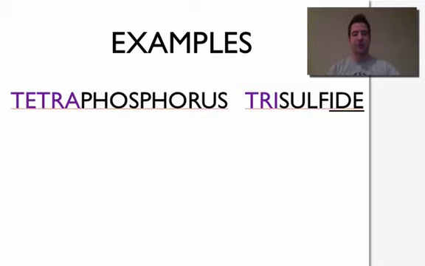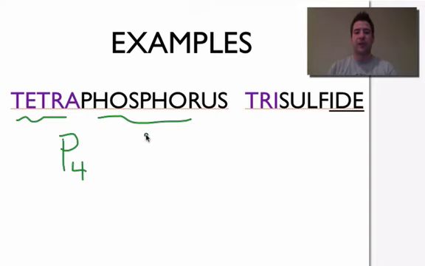Let's try one more example here. This one's a little more difficult. I'll challenge you guys a little bit. The first thing I need to look at is the prefix, and then I need to find the symbol. The symbol for phosphorus is P. Tetra refers to 4. I write that as a subscript. Now sulfide, well, I'm going to write an S for sulfur, and tri is going to be 3.